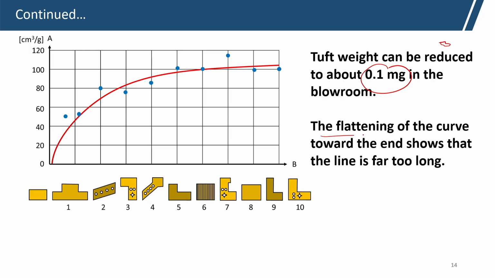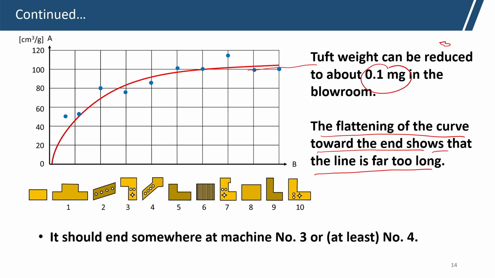You can see the flatter curve at the end shows that the line is far too long. We can have a very long line and keep on adding machines, but the blow room line should end somewhere at the machine third or fourth.